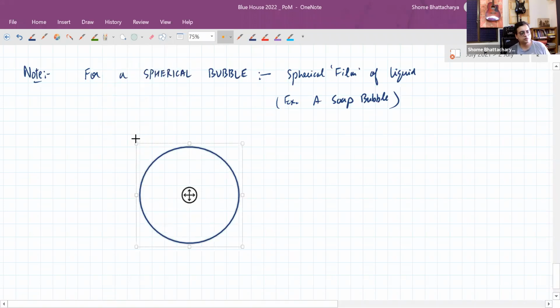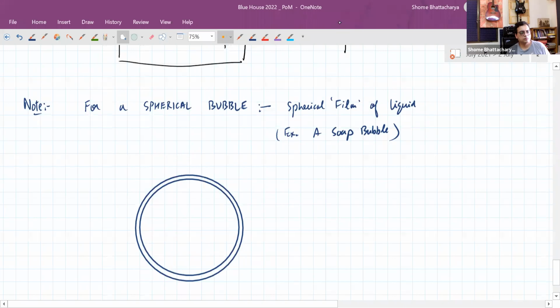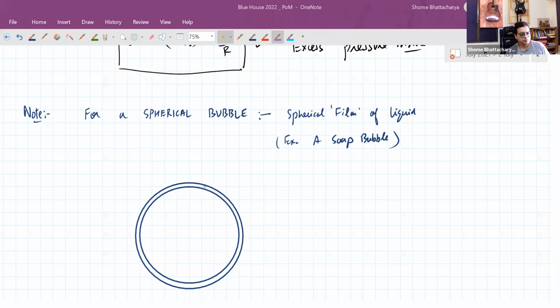It's a thin shell of liquid. So there is air inside.